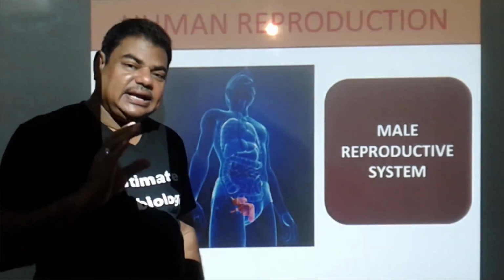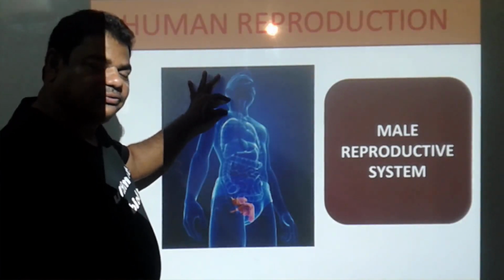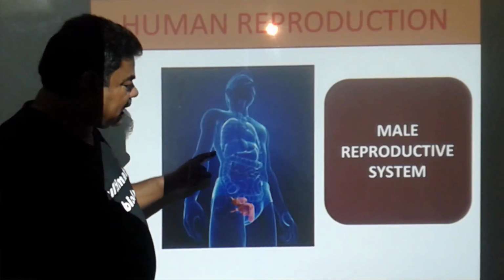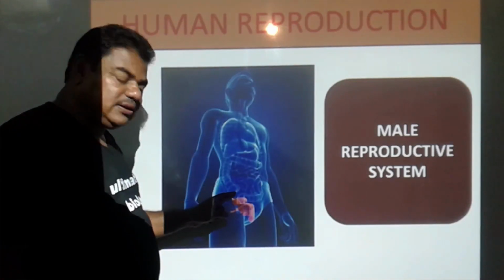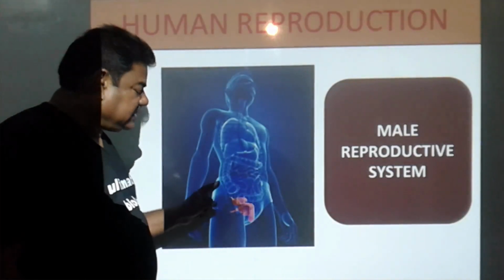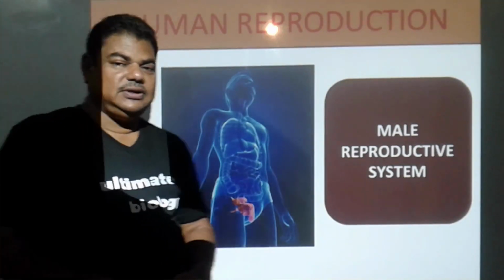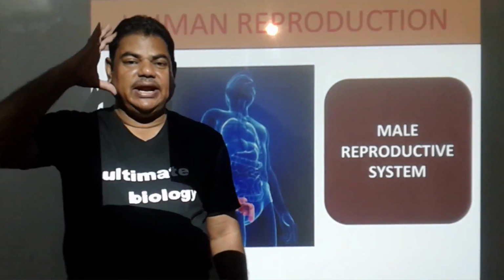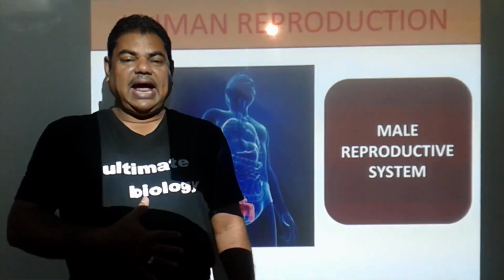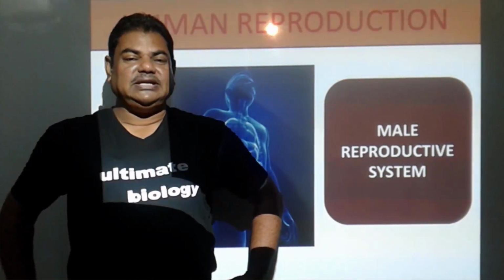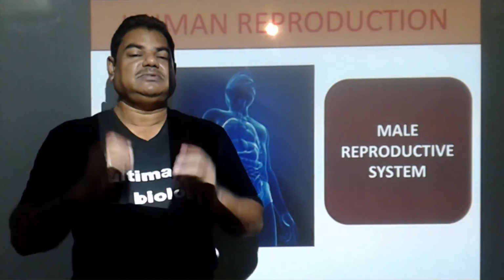The human body is differentiated into the head region, this neck we call the cervical region, this the thoracic region, thorax, this the abdominal region, and this region we call the pelvic region, and it consists of two forelimbs and two hind limbs.